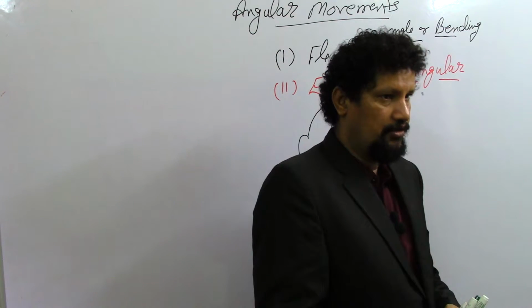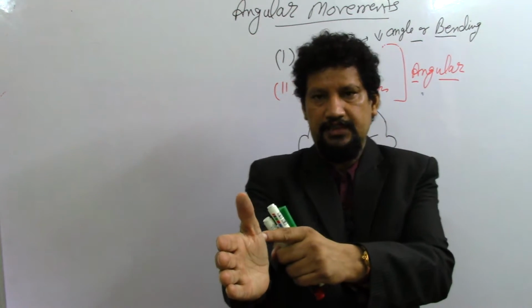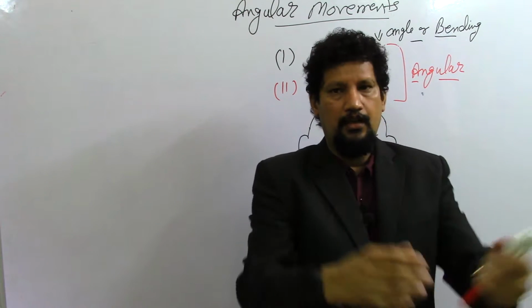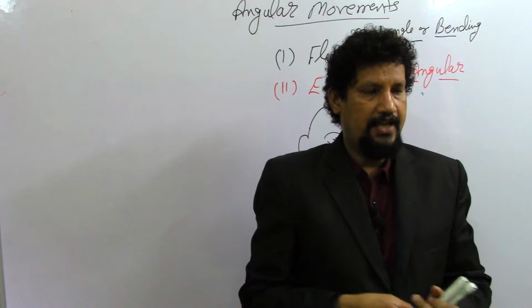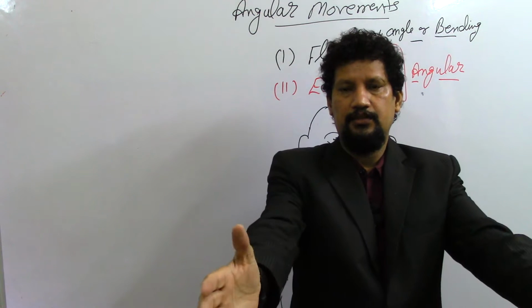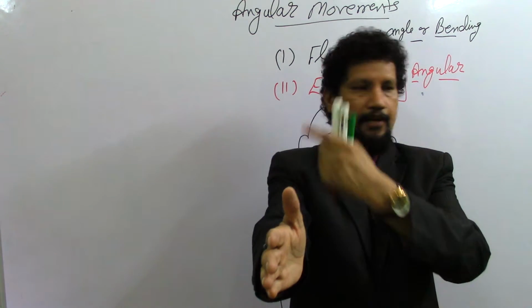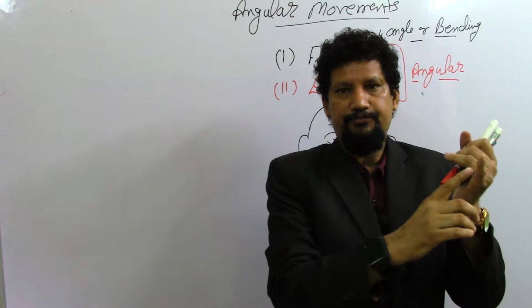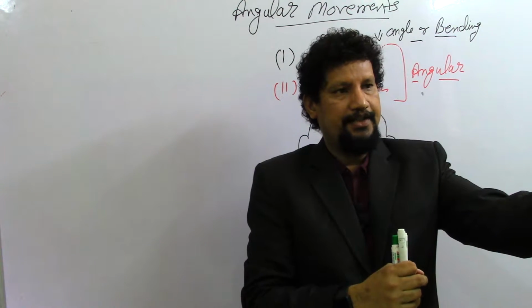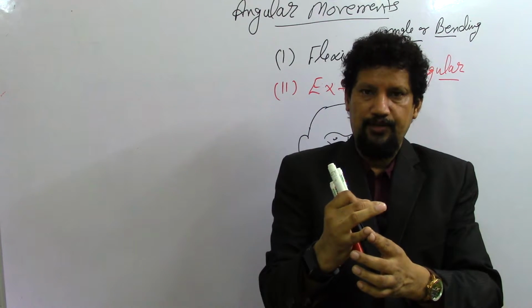During embryonic development, the preaxial part of the upper limb and the preaxial part of the lower limb face the cranial side of the developing embryo, and the postaxial part is directed towards the caudal part of the embryo.